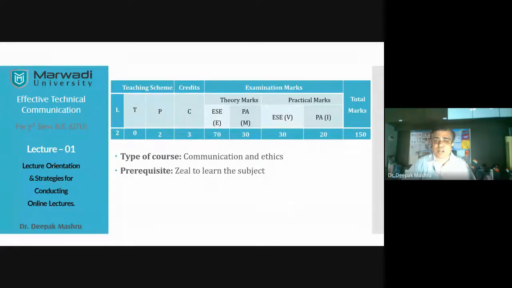If you look at the type of the course, this is communication and ethics. Just understand, earlier GTU used to offer communication skills as a subject, right? In engineering, now they have renamed the course as communication and ethics. That means there will be an element of ethics, there will be an element of values, right?